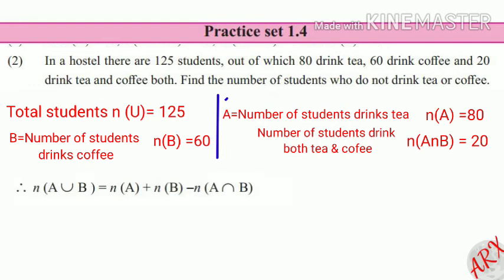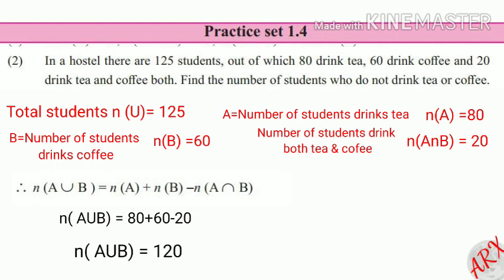Now, we will put the values in the formula. n(A ∪ B) = n(A) + n(B) - n(A ∩ B). So, after putting values, we get n(A ∪ B) = 80 + 60 - 20 = 120.